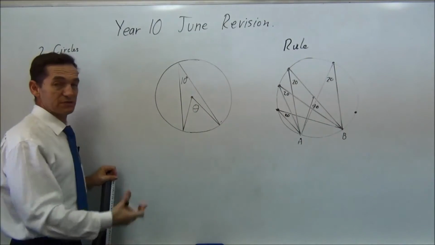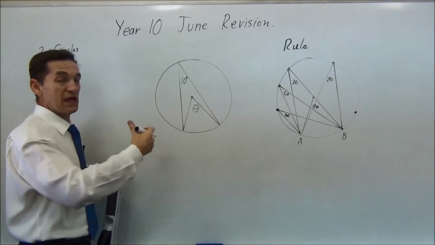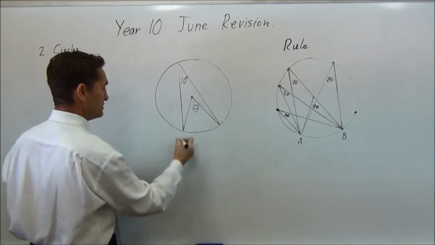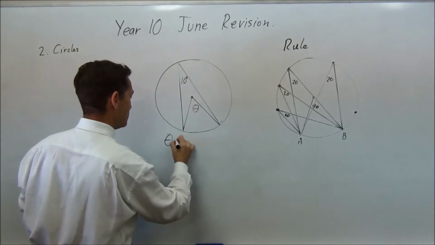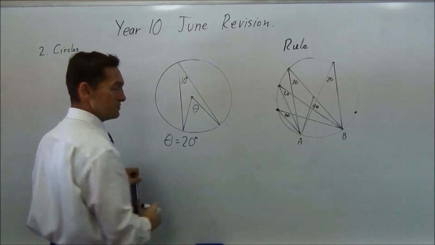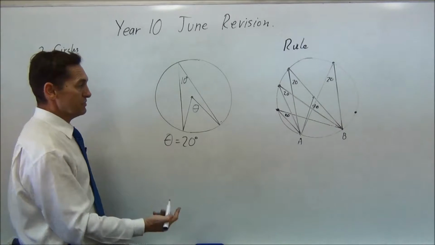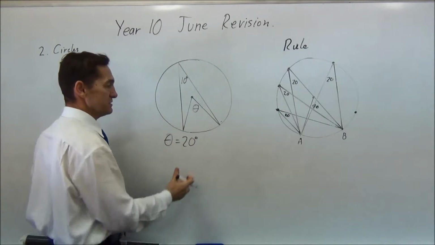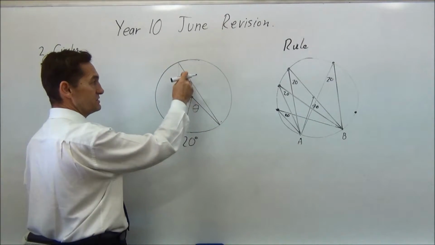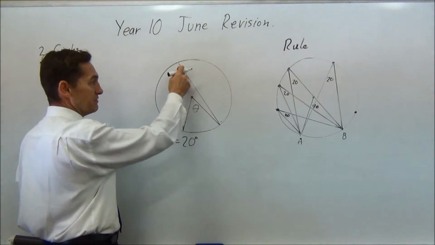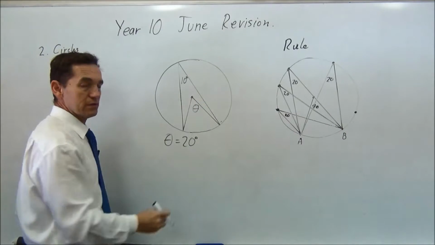So if you get a question like this and it says, what is theta, and give a reason, all you have to say is theta equals double that. So theta equals 20 degrees because it's double the 10. And what's our reason? Well, you can say it either way: the angle at the centre is double the angle at the circumference, or the angle at the circumference is half the angle at the centre.